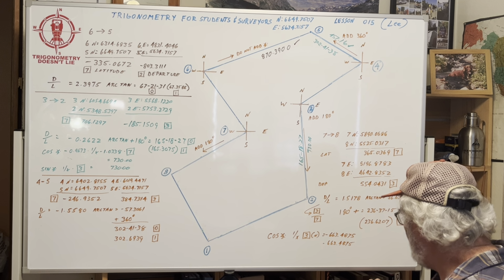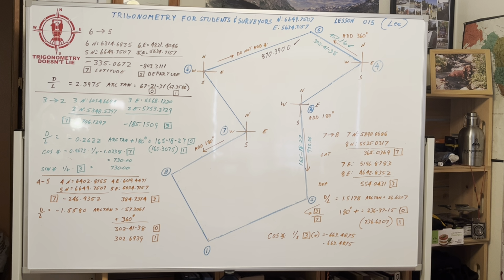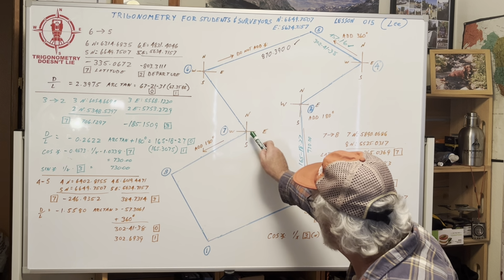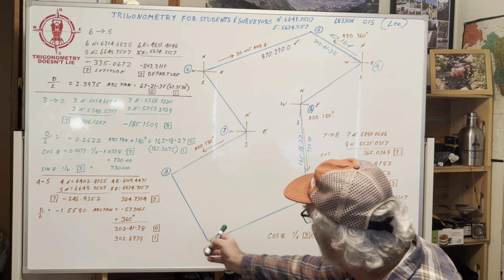Okay, now you want the arctangent of that. That's a ratio, so you want the arctangent of that. 566207. Now you want to add 180 to that. See there? We're here. Now we're going to add 180 to that angle.